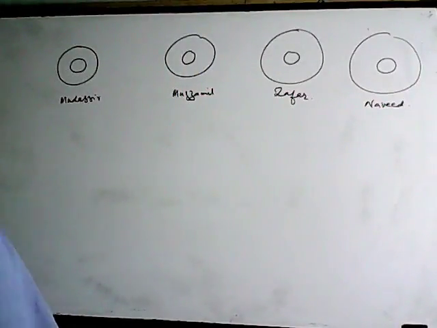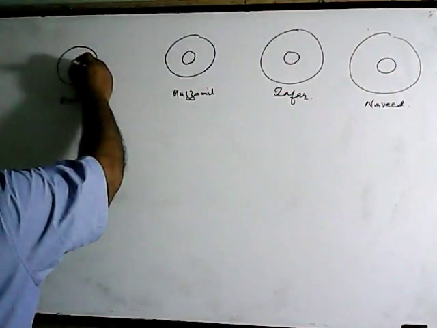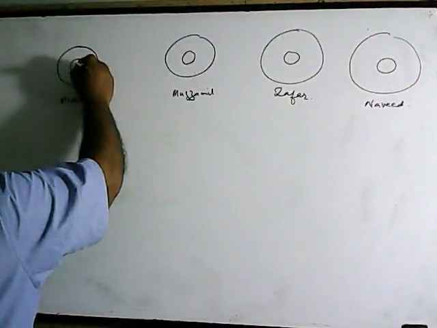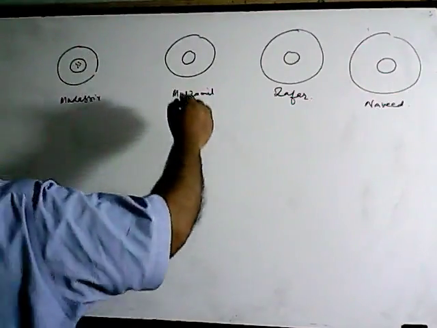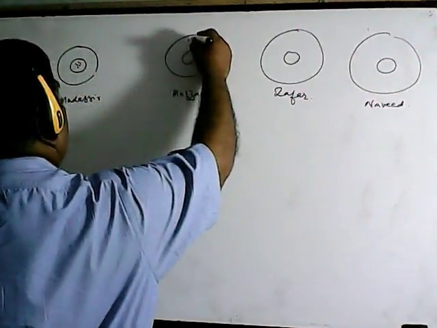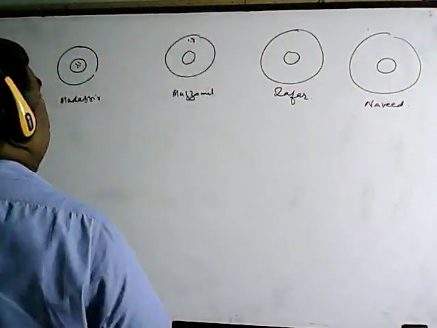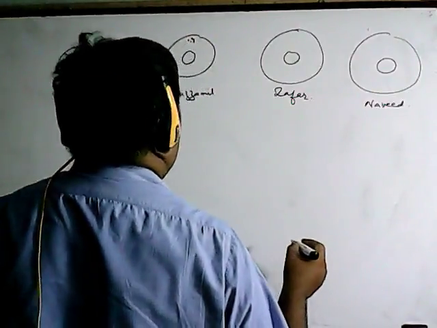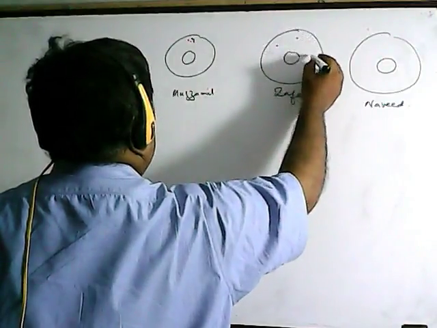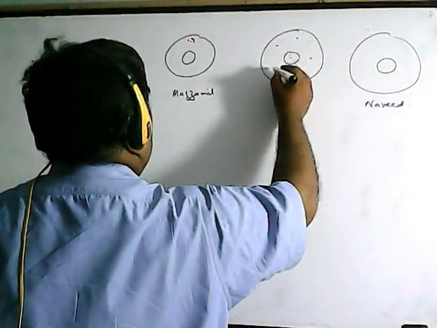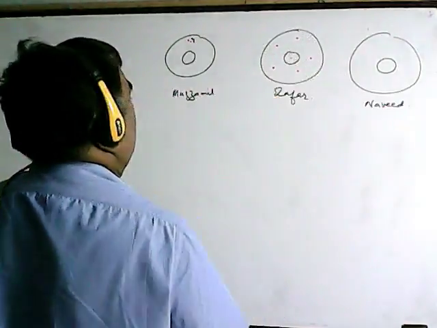Mudassir has 6 bullets, and he hits all 6 bullets here. Muzammil hits all his 6 bullets here. Zafar is hitting some odd bullets here.